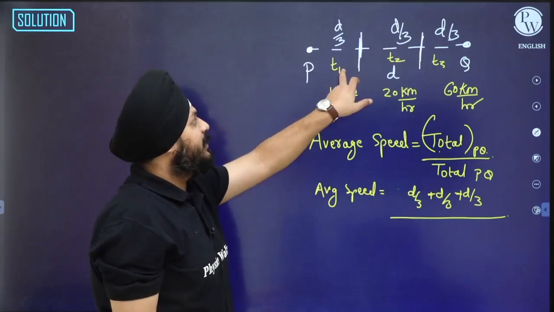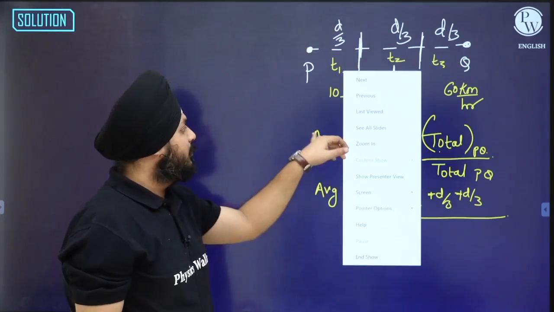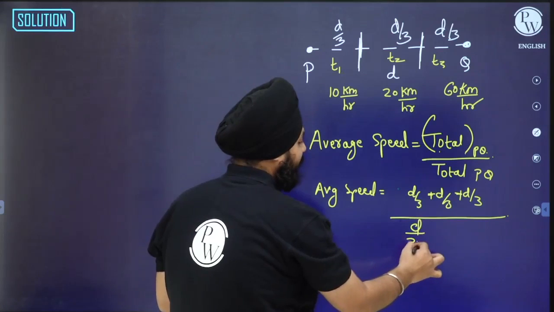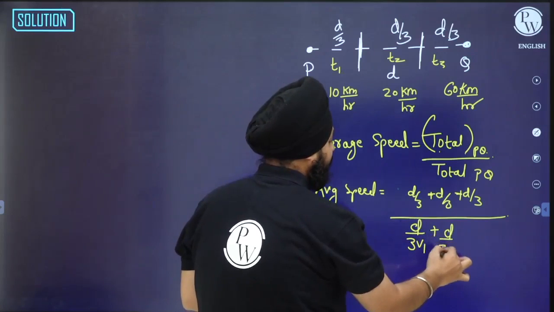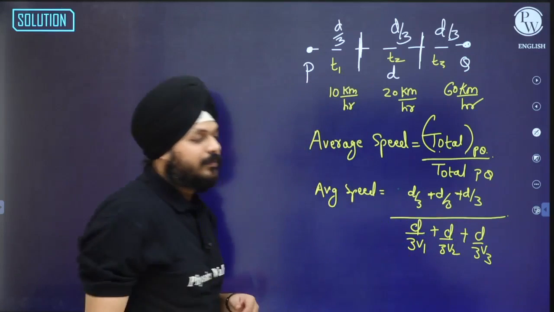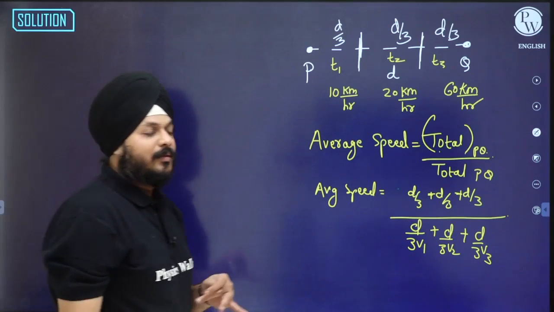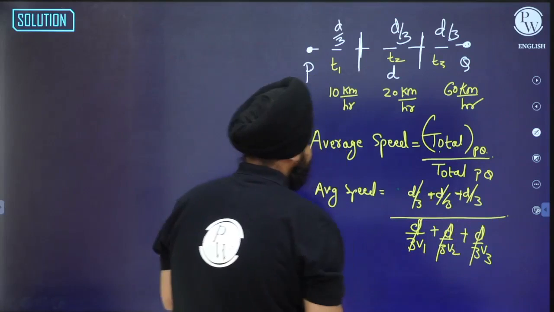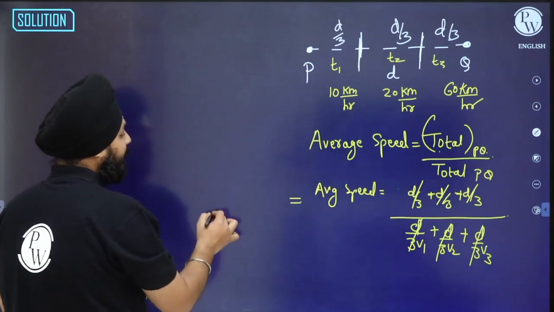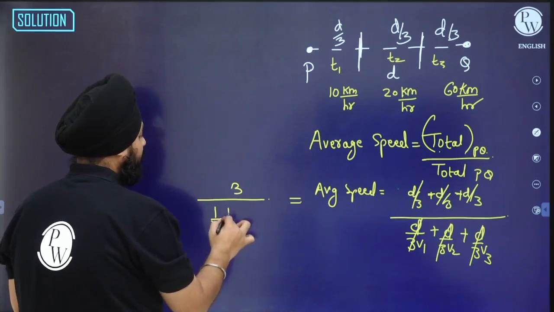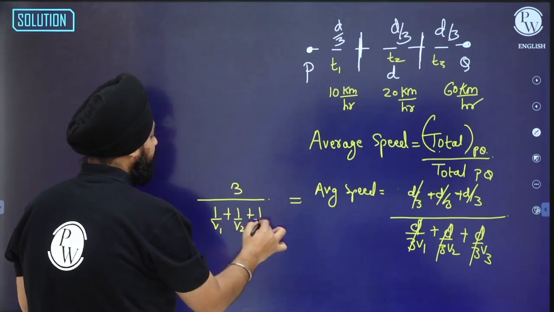So I am replacing each T with the ratio D by V. So I can replace it as D by 3 V1 plus D by 3 V2 plus D by 3 V3. The D by 3 terms all get cancelled. So the final average speed is 3 divided by 1 by V1 plus 1 by V2 plus 1 by V3.